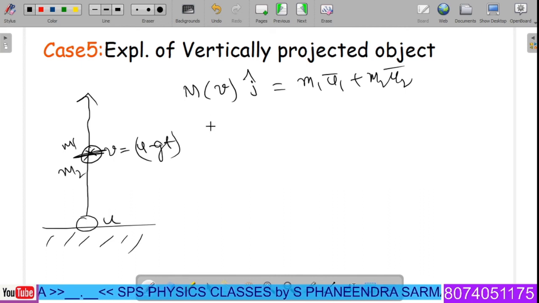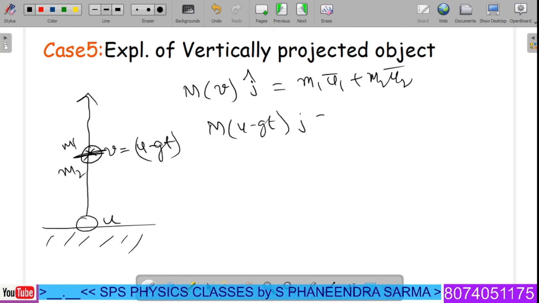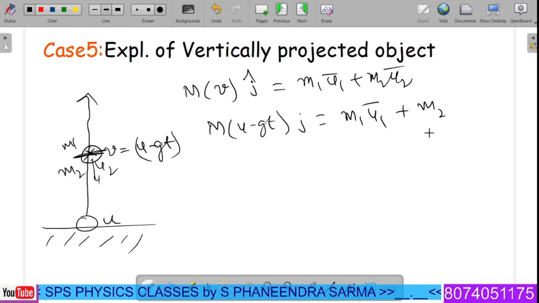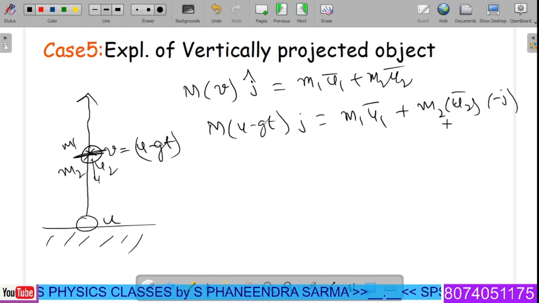Let's find out the velocity. m into u minus gt of j is equal to m1 u1 bar plus m2 times the velocity of the second object. Suppose the second object u2 is coming in the downward direction with a velocity of u2. You can write it as u2 bar with a minus j. So this entire thing comes in this direction.